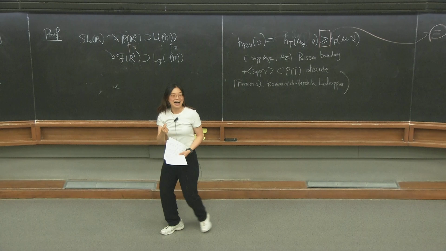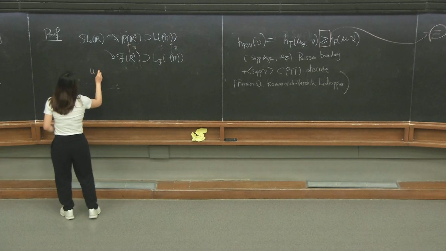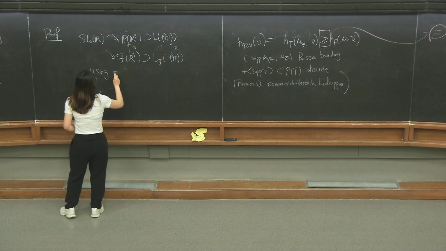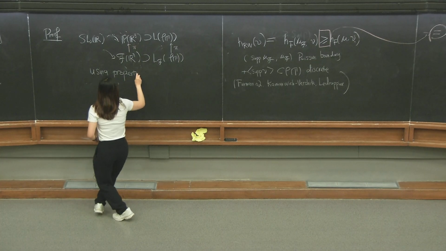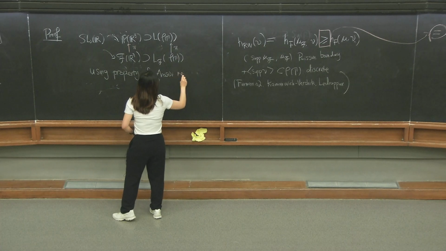And now I will use a property of Anosov representations.